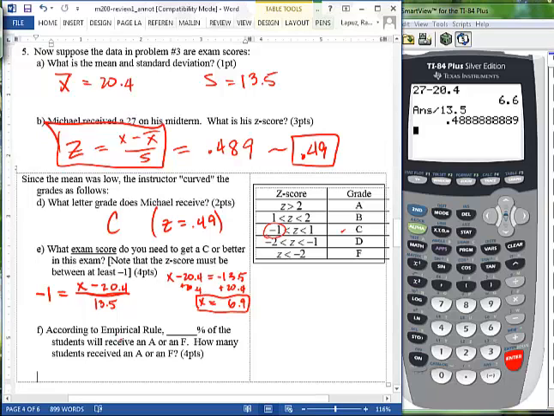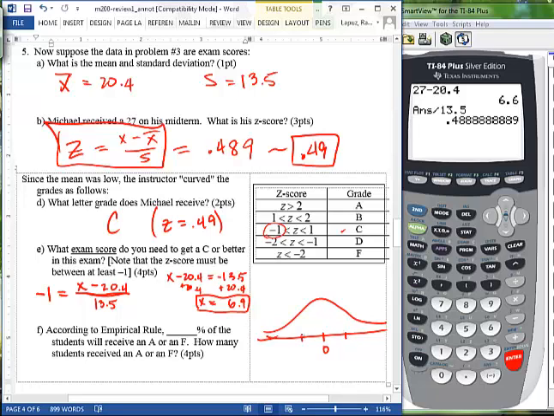The last problem, according to the empirical rule, if you remember, oops, this should be a little bit more symmetric. Let's try that again. According to the empirical rule, we have z is equal to 0.